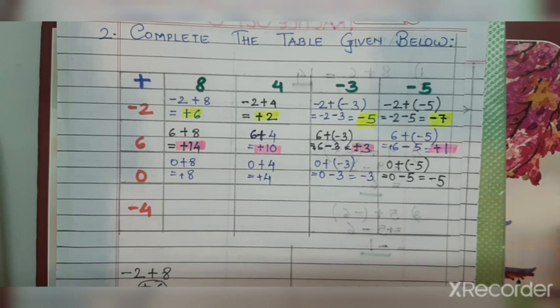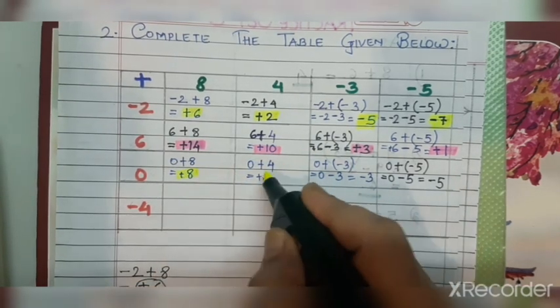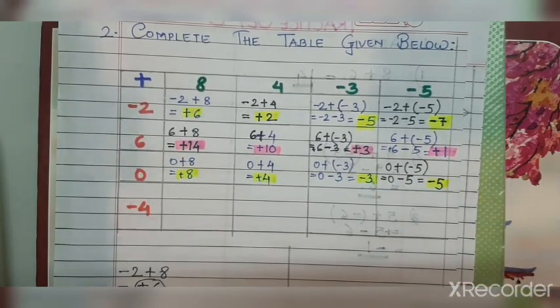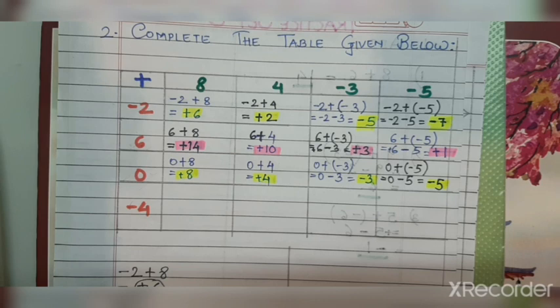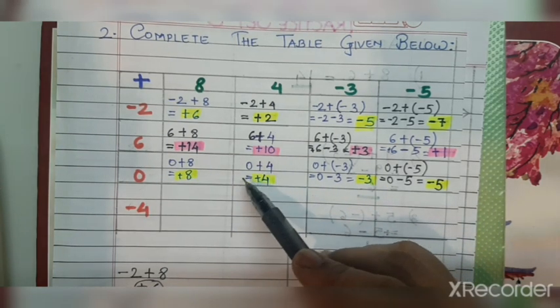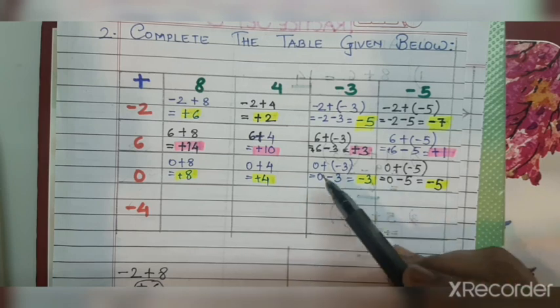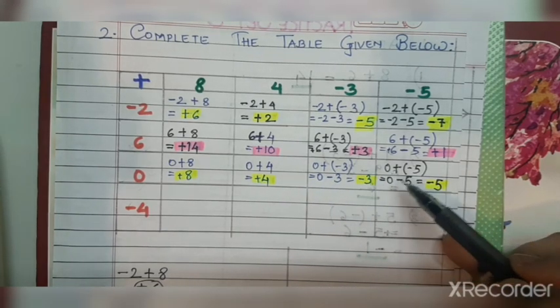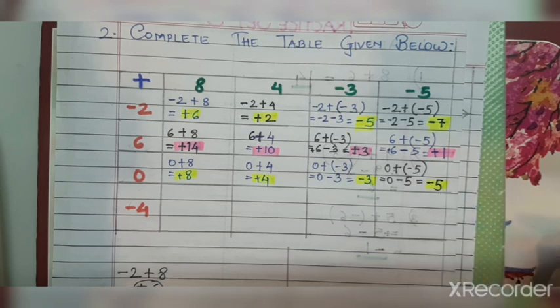I hope this is clear. It was very simple. With 0 it was very simple because we are getting the same number. With 0, positive 8, answer is positive. With 0, positive 4, answer is positive 4. With 0, -3, answer is -3. With 0, -5, the answer is -5.